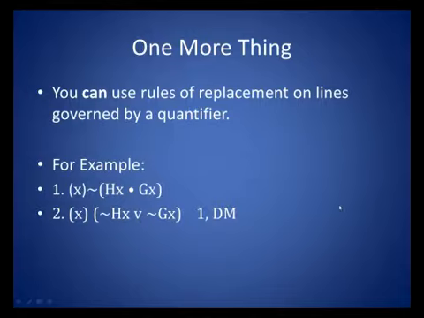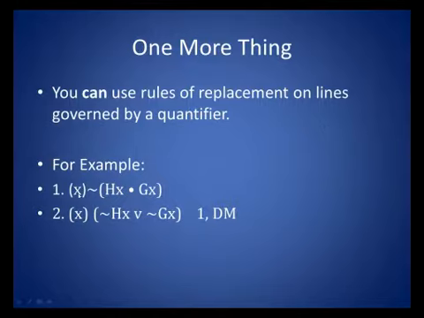So again, notice, on lines where my quantifier governs the entire line, I am not allowed to use rules of implication, but I can use rules of replacement, and I can use my 4 new rules of inference, UI, EI, EG, or UG, depending on what applies.